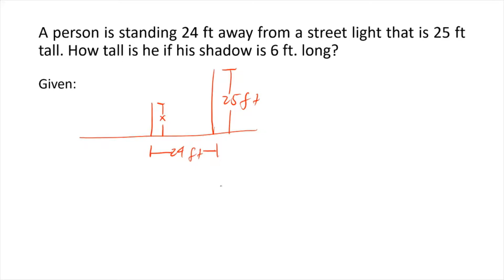And because of the street light, the person casts a shadow that is 6 feet long. So we can connect the tip of the street light and the head of the person down to the ground. And so this is the tip of the shadow, and the shadow is 6 feet long.